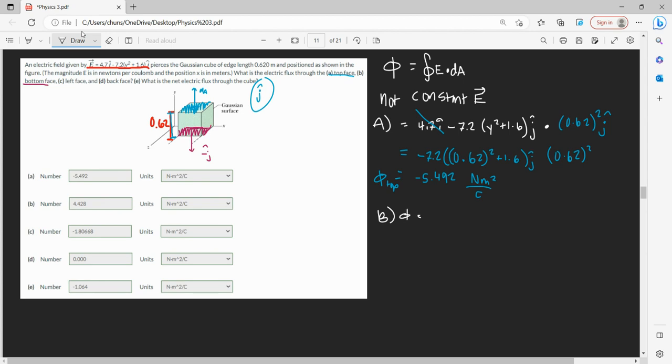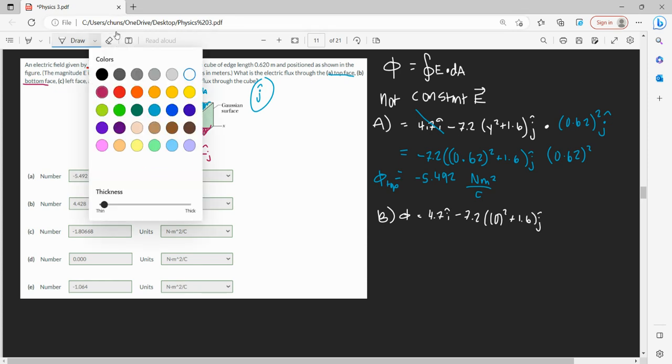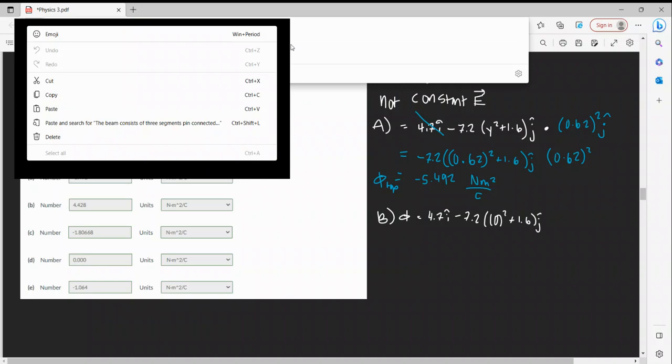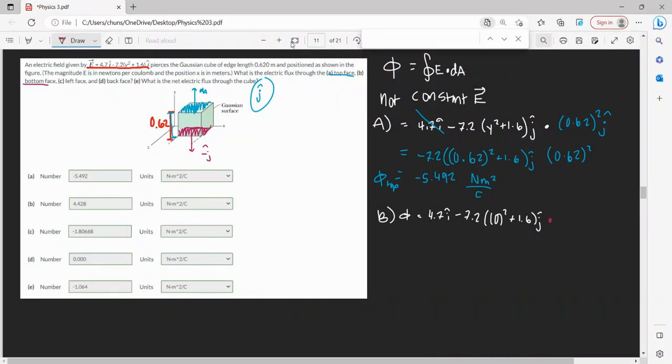So our flux is equal to our electric field, 4.7 i minus 7.2 times y, which is just 0 squared, plus 1.6 j, dot product with our area once again, in our negative j direction.